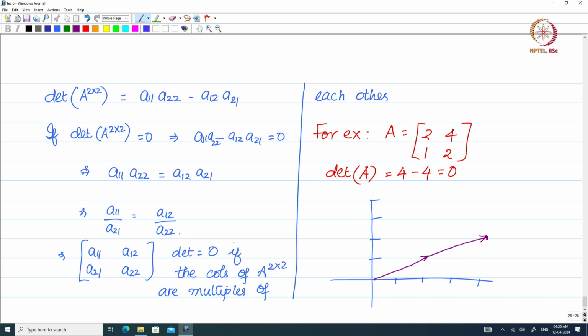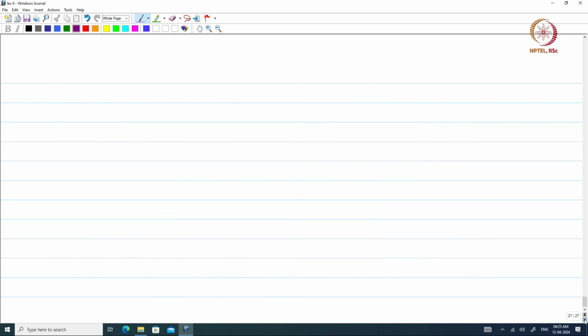How do we put all these things together? You remember we did this idea of linear independence and linear dependence in one of the previous classes, where we said that if two vectors are parallel, they are going to be linearly dependent.